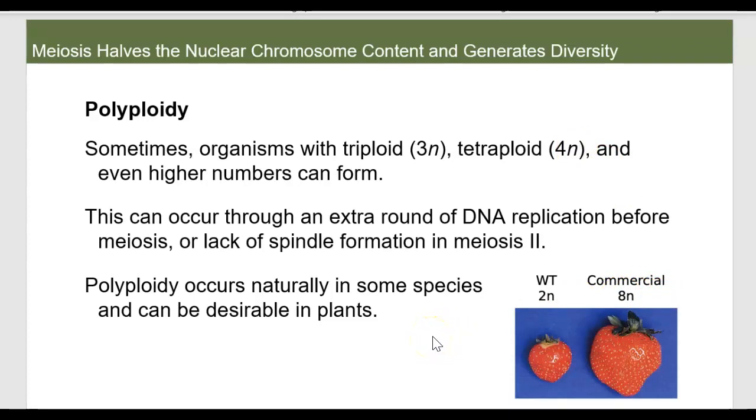And sometimes it happens because of how we try to not genetically modify, but how we develop certain, in this case, strawberries that have a particular quality, like their size. So this can occur through an extra round of DNA replication or something. It can be due to mistakes, but there are a lot of polyploid plants. So we're going to actually use strawberries, I hope, this week and try to extract some DNA.